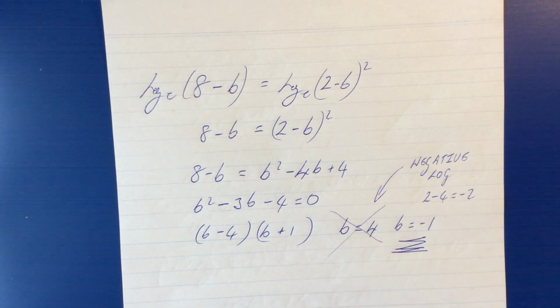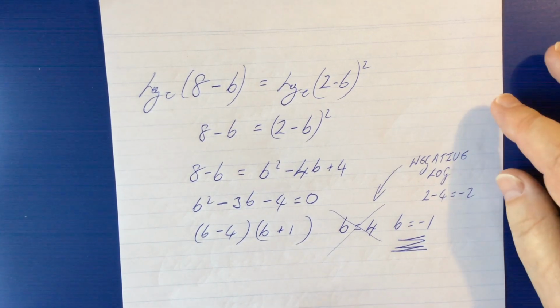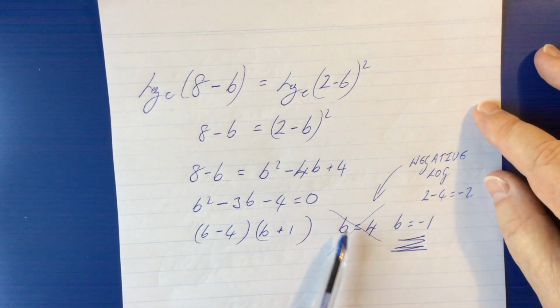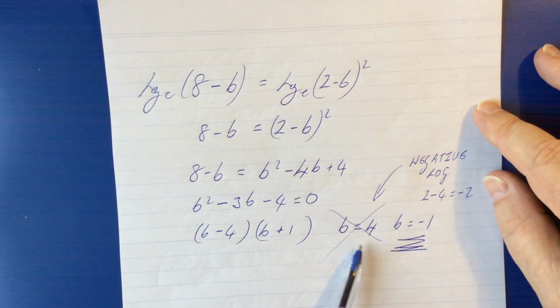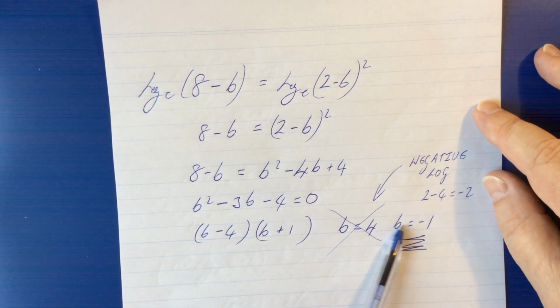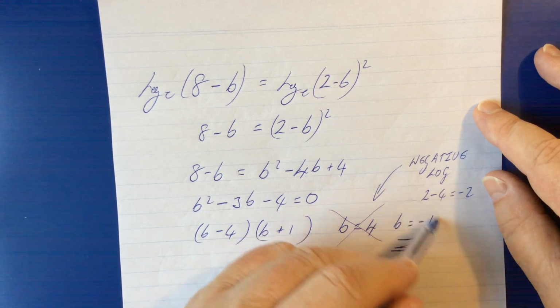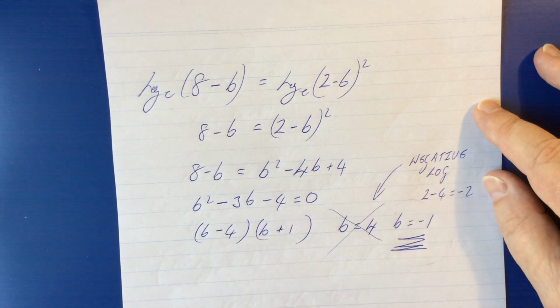Now there are two factors for this, (b − 4) and (b + 1). That means that there are two possible solutions, I should say: b equals 4 or b equals −1. Now this is the one we want. Why?